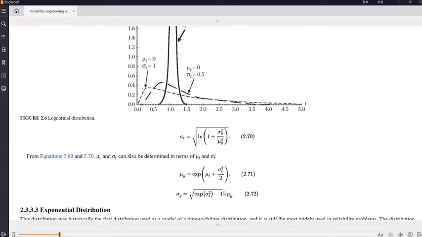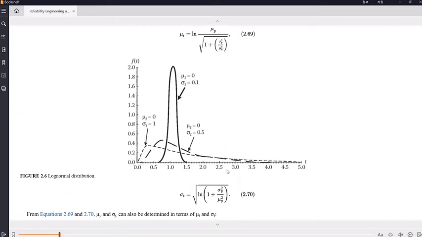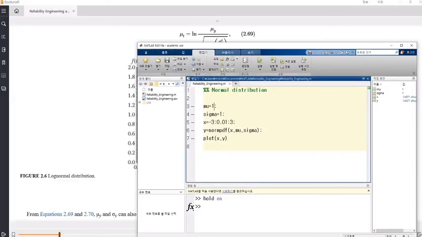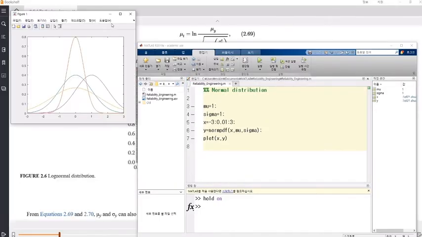And also mu y and sigma y can be calculated by using the mean value and standard deviation of t. So how can we utilize that? So let's first, okay.